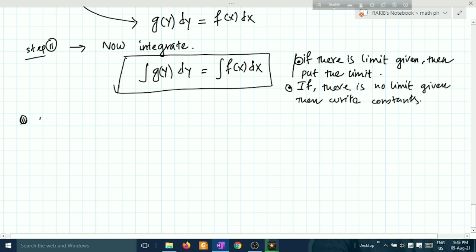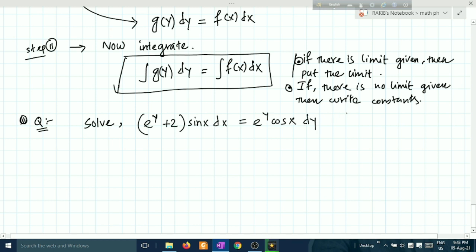Sorry, I am giving a question. What is the question? Solve the differential equation: (e to the power y plus 2) sin x dx is equal to e to the power y cos x dy.